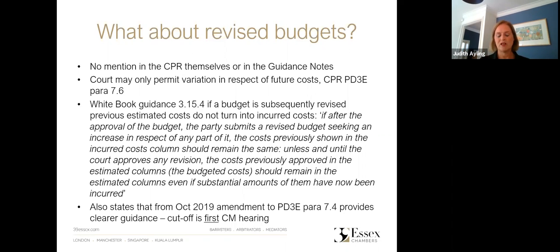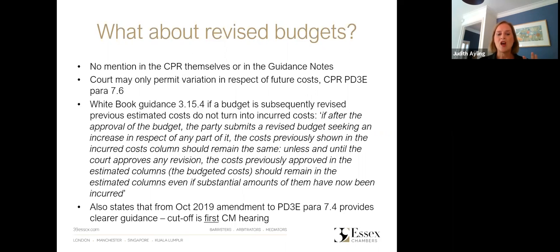Now, the White Book guidance at 3.15.4 says that if you revise a budget, estimated costs that were previously estimated don't magically turn into incurred costs by the time of the next case and cost management hearing. And it says its advice is in terms that if you submit a revised budget, leave the incurred costs where they are.